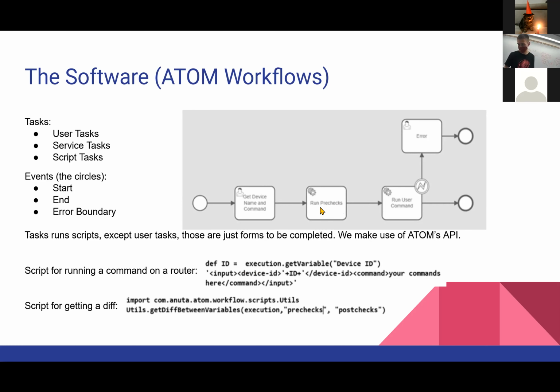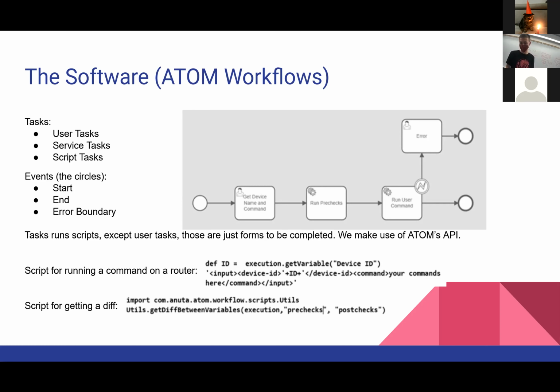Within this run pre-checks, we'll use a script like this. It's pretty short, at least for this one, but we use execution, which is like the context. That's the best way to think about it. It's the calling, it's like the router.